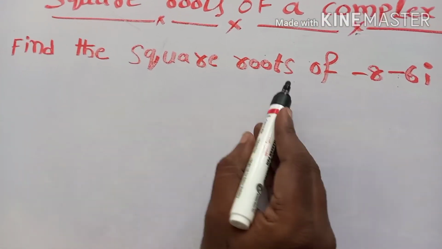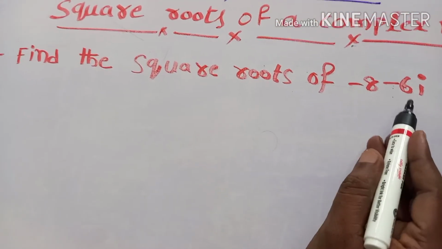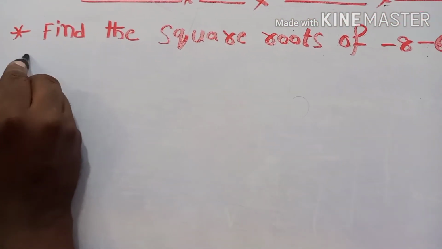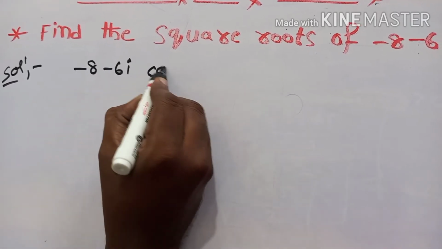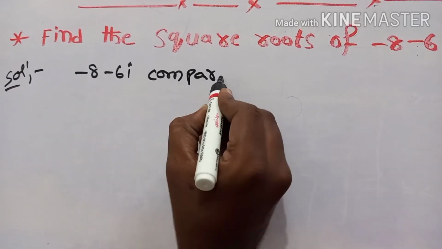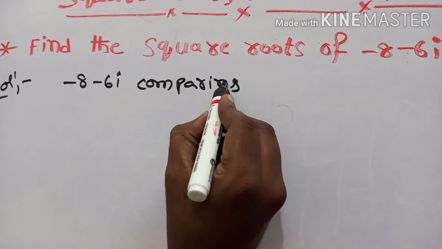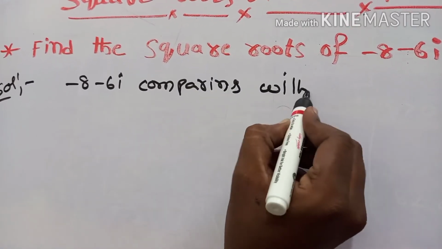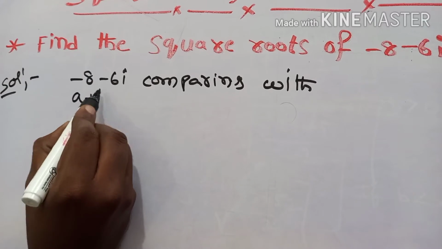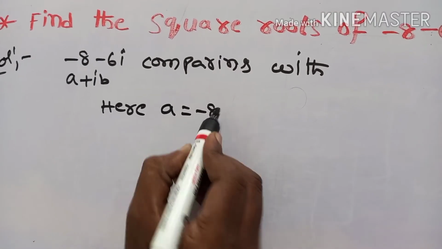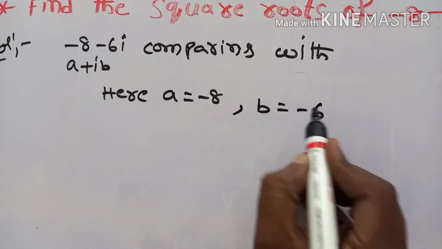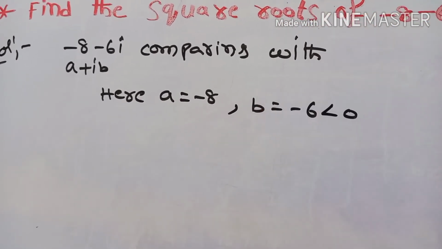Find the square roots of minus 8 minus 6i. Solution: comparing minus 8 minus 6i with a plus ib, here a is equal to minus 8, b is equal to minus 6, which is less than 0.